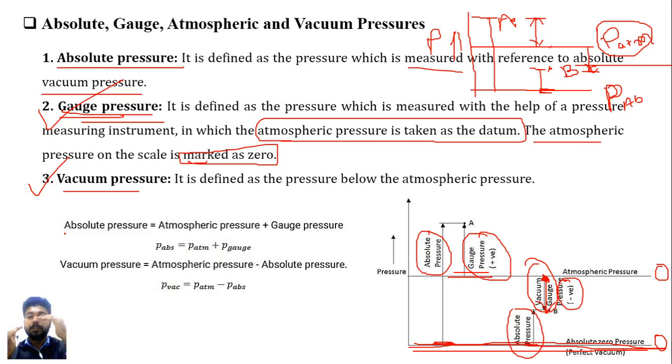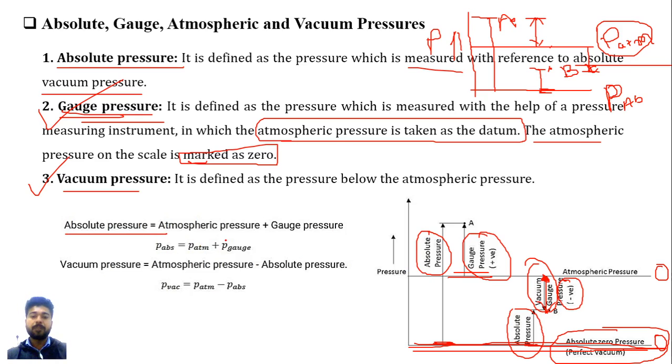But the line below atmospheric pressure is your absolute pressure line, that is the zero vacuum absolute pressure line. That means this line is your absolute vacuum, which is a zero vacuum line. So whenever you take this line as a reference and find the pressure, then that type of pressure is called absolute pressure.